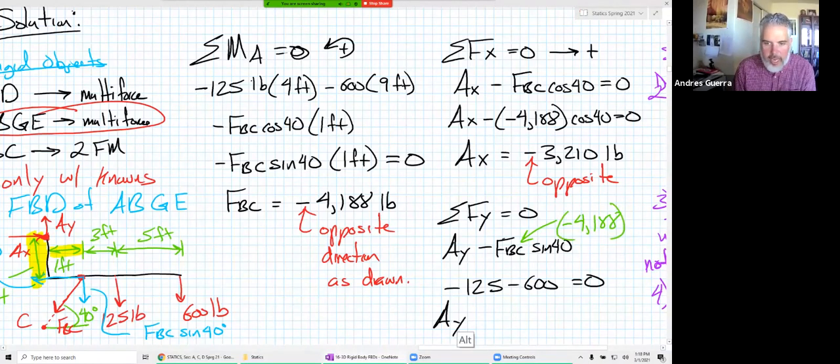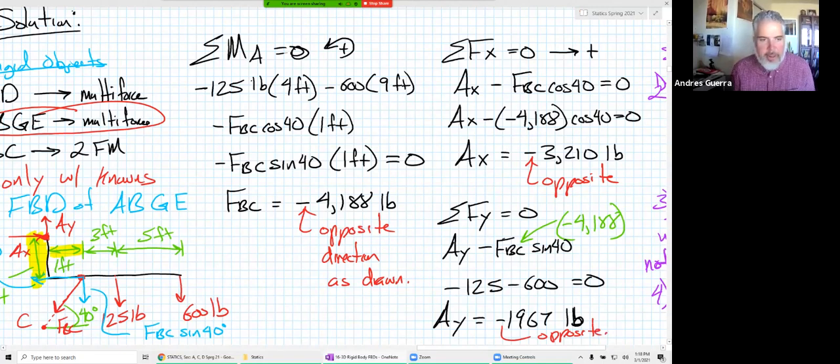I'm going to find my Ay actually needs to be minus 1967 pounds. So it also needs to go opposite the way that we drew it. So they're all going in the opposite direction, but it doesn't matter. I still find exactly the same thing as if I had drawn them all in the other direction.